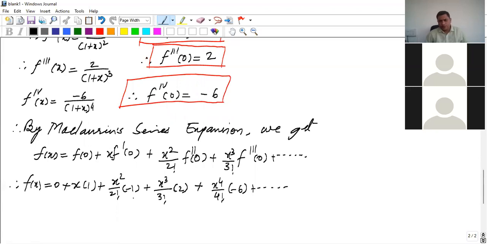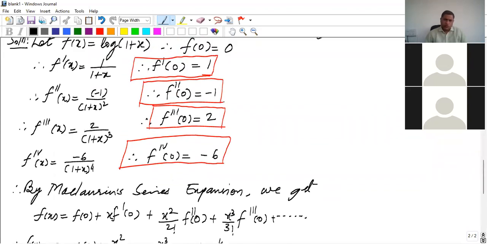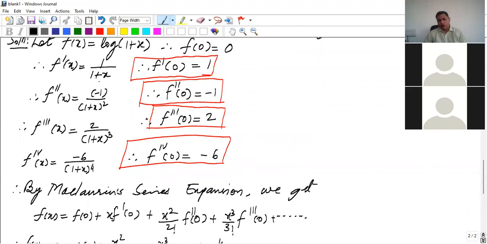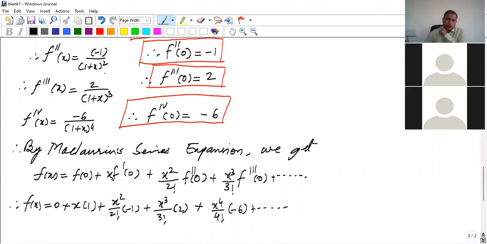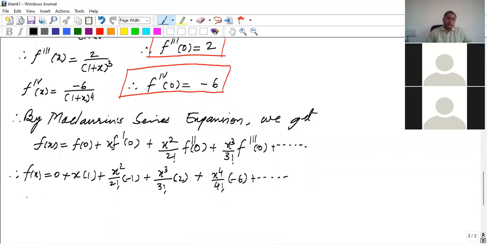Is that okay? Whatever expression we have, we are putting these values now. We have put the value of f at 0, f dash at 0, f double dash at 0, f triple dash at 0, and the fourth derivative of f at x equal to 0. Now simplify.